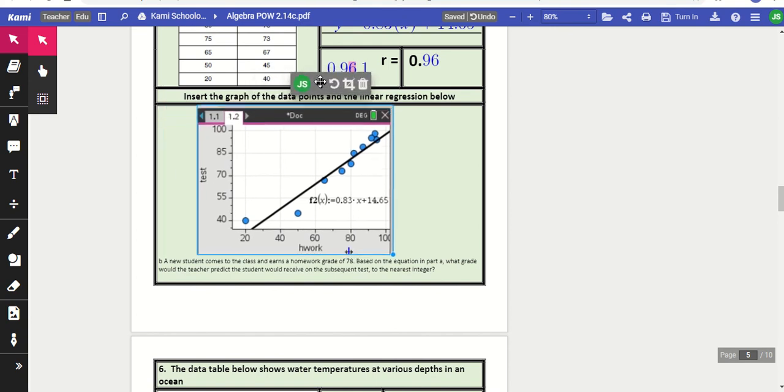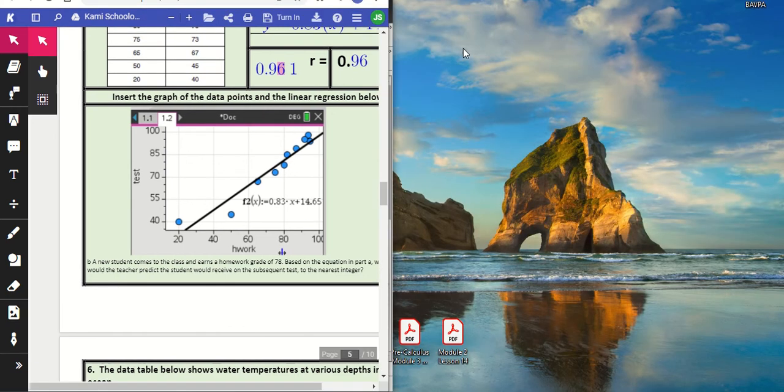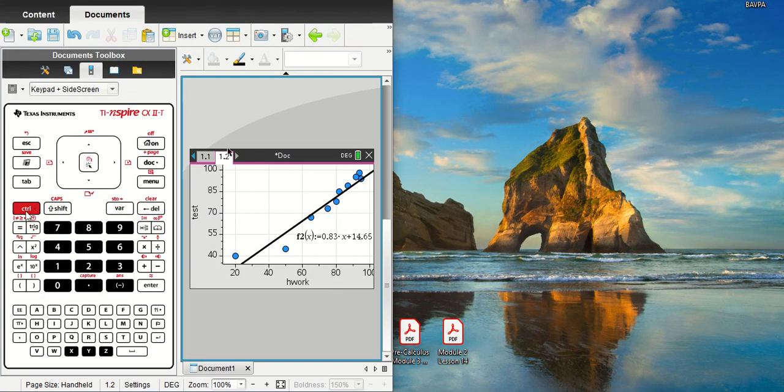Now, the next detail is there's a little blurb at the bottom. A new student comes to class and has a homework grade of 78. Based on the equation, what would the teacher predict for the test? So here, we're going to use this equation and put in 78 for the grade to find out what the student might get on the test. So we go to our graphing calculator and we add another page.